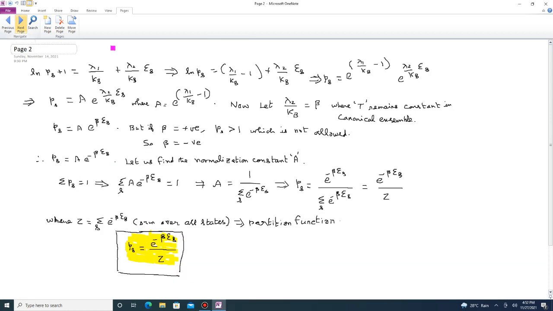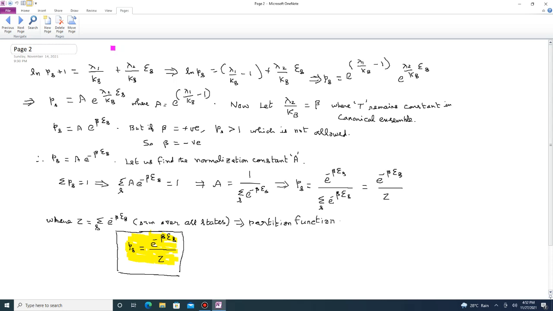Then from this, if we take log(p_s) + 1 on one side and take the other terms to the other side, this is equal to lambda 1 divided by k_B plus lambda 2 divided by k_B times e_s.